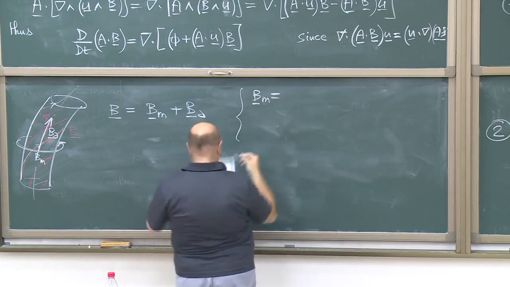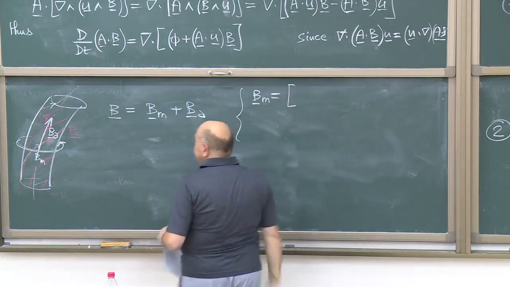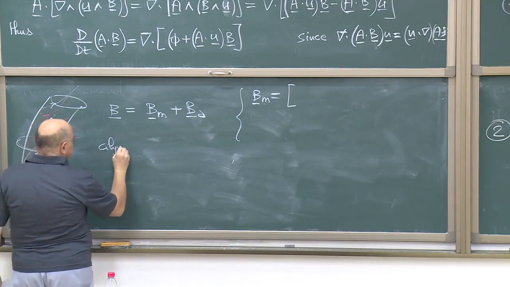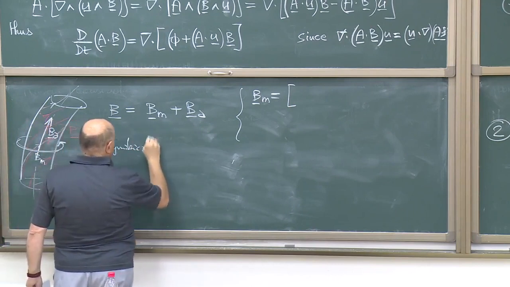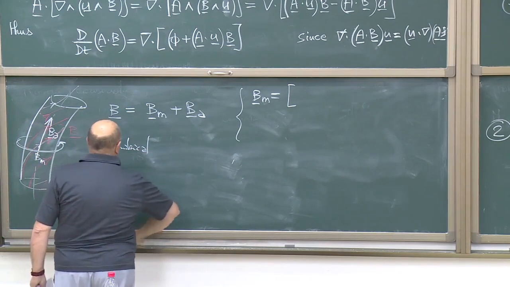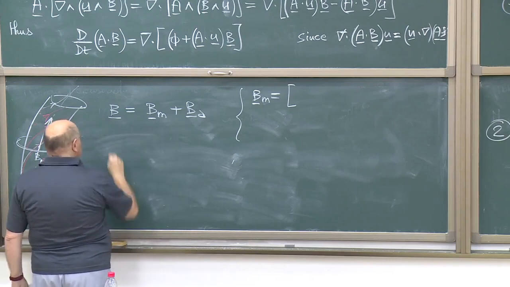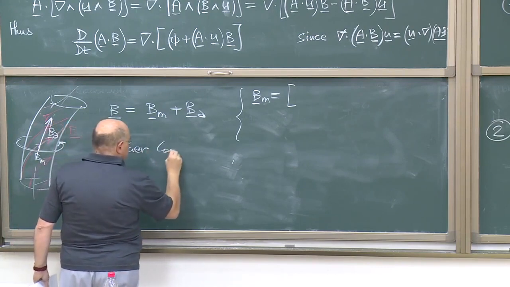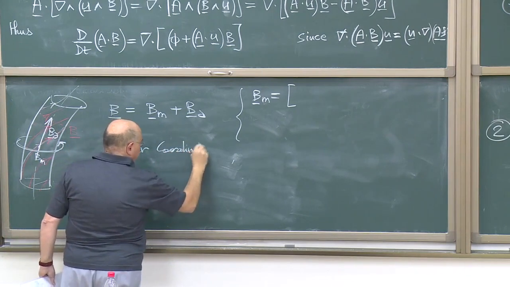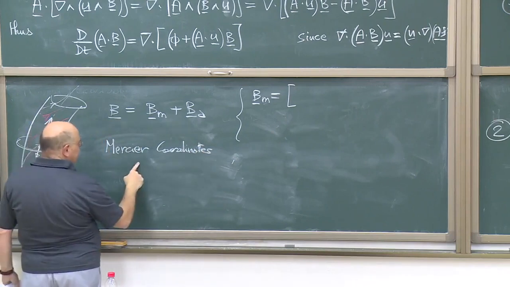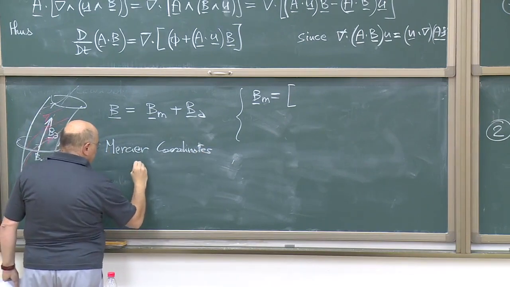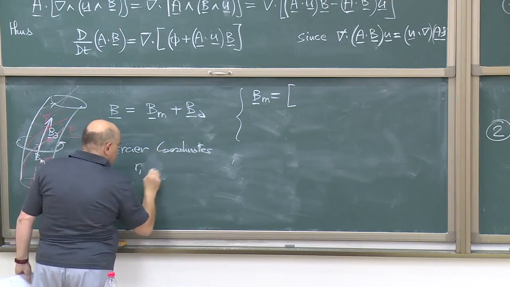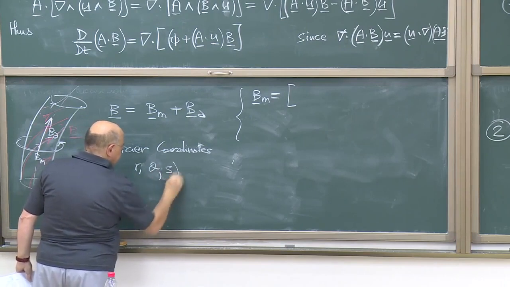Then I want a little bit more general approach, so for BM let me use coordinates, let's say cylindrical. Actually, let's use Mercier coordinates, which are a little bit more general than cylindrical: r, theta, and s.